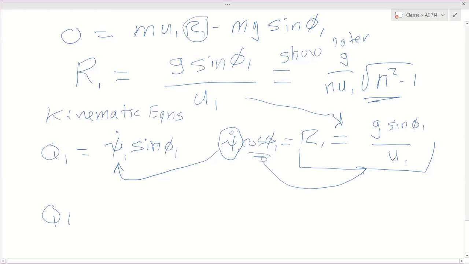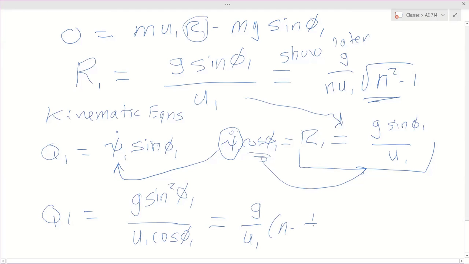So you can get Q1 in terms of bank angle. And then if you do algebra, which I'm going to show you later, you can get this in terms of load factor as well.